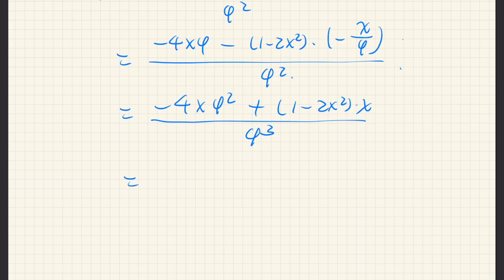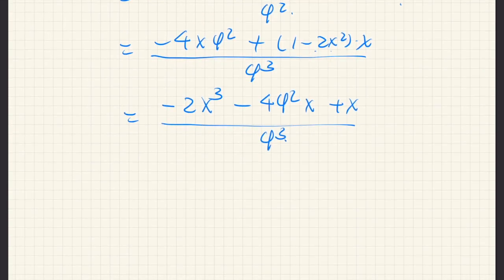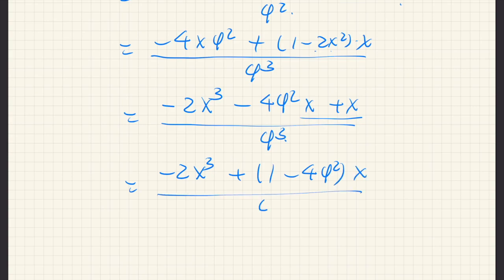We have negative 2x cubed, negative 4 phi squared x plus x. Okay, let's factorize this x.